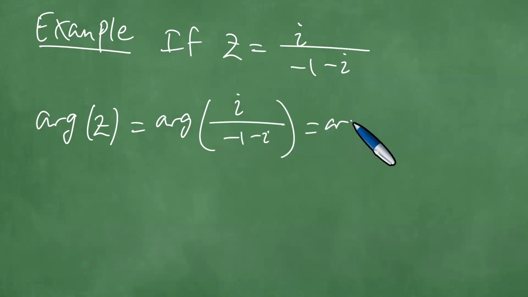And then this is the argument of i minus the argument of minus 1 minus i.